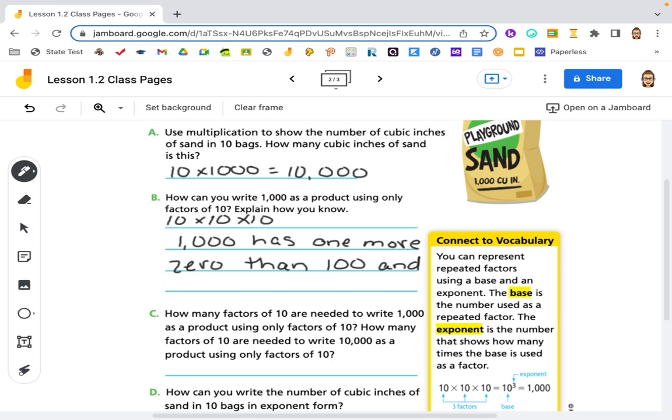And 1,000 equals 10 times 100. And 100 equals 10 times 10. So 1,000 equals 10 times 10 times 10.